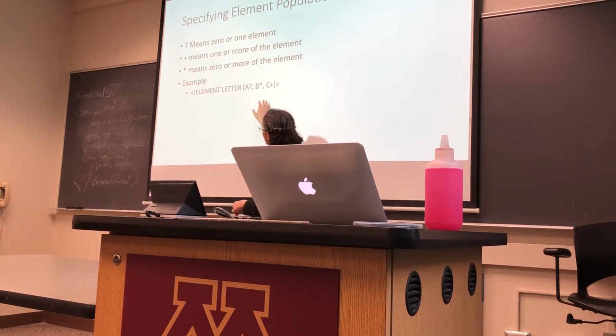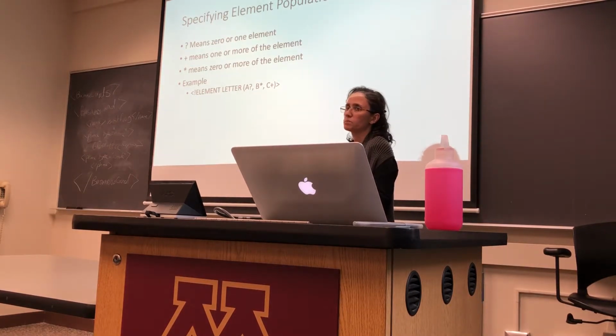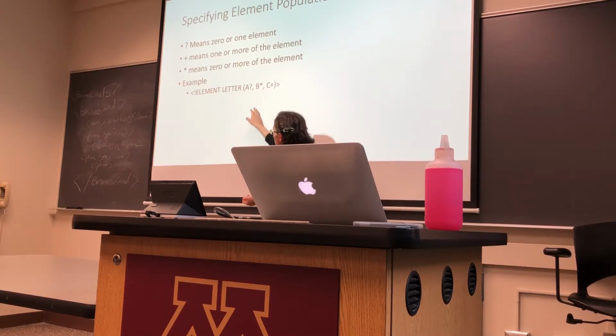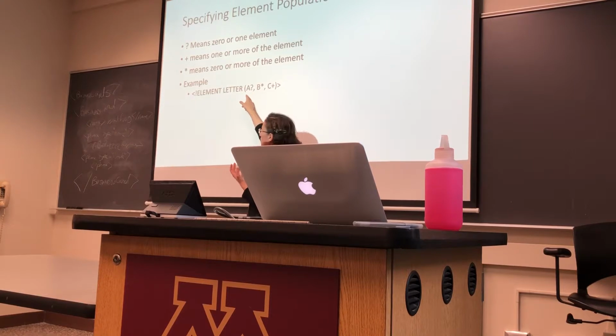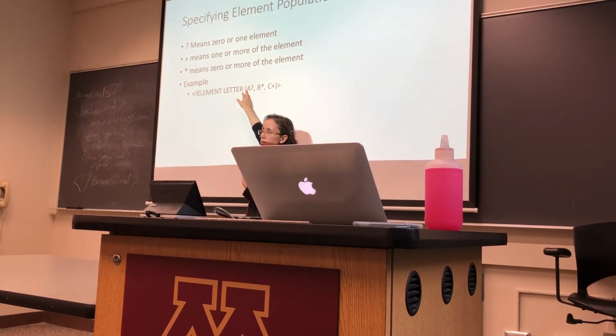Sometimes you would want to give some more specification to your constraint. For example, if you add this question mark, you would be saying that the element A within letter is optional, but it can appear at most one time. So it's 0 or 1 time.